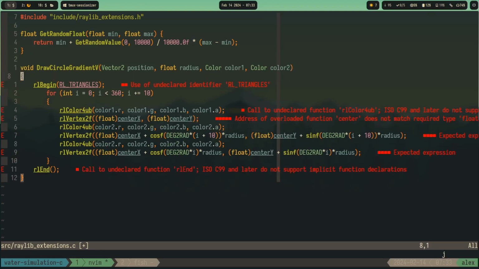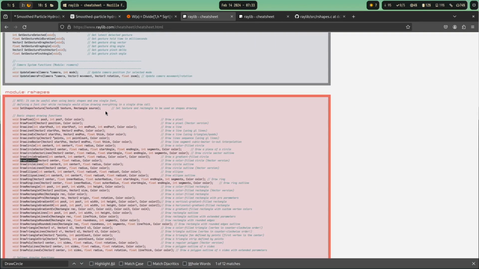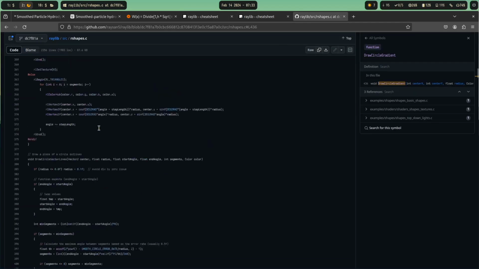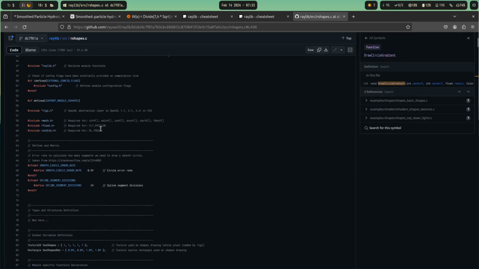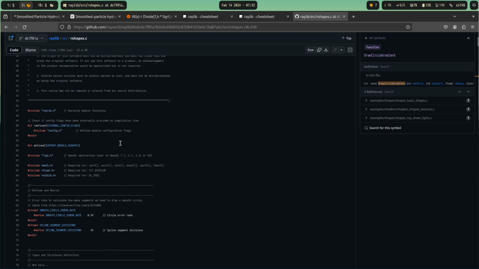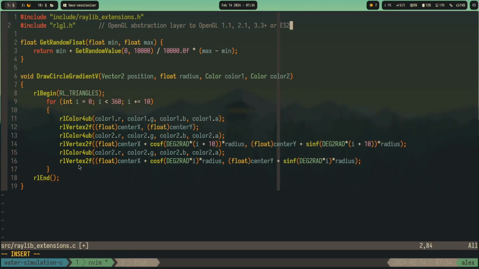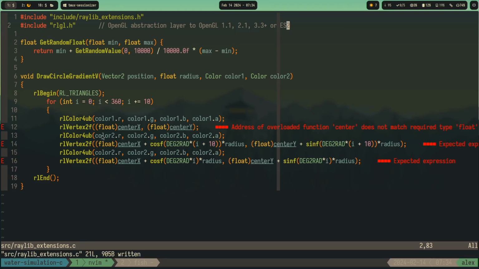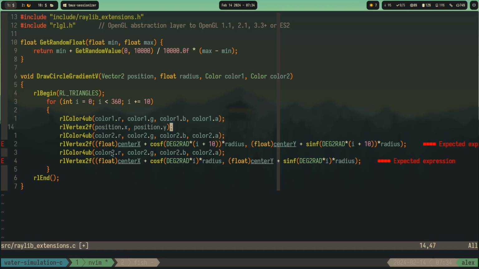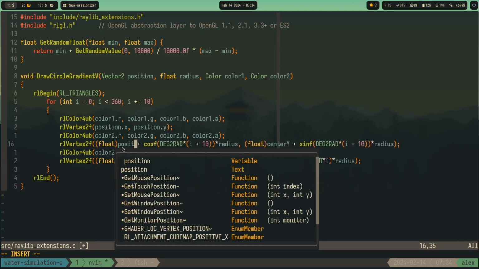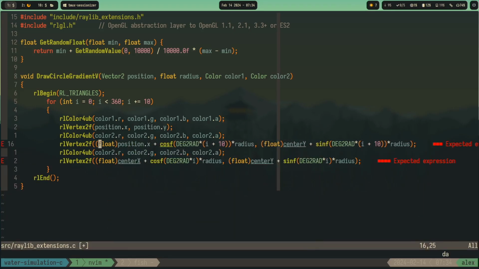Okay, so we need some stuff from here then. Not sure what, but let's see if that works. And here we can use position X and position Y. We can have position X, we don't need that.